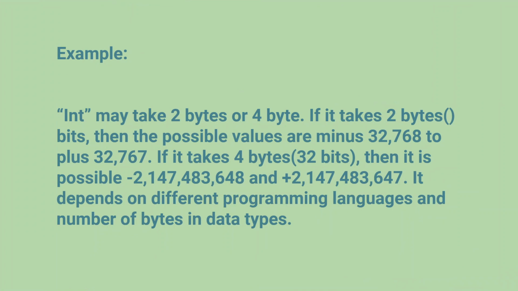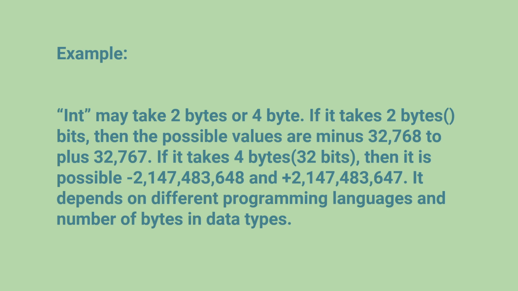Have a look. For int, if we take 2 bytes or 4 bytes, what happens is, for 2 bytes, the possible values are minus 32768 to plus 32767. It depends upon how many bits we take. For int values, we generally take 2 bytes, and for float or bool, we generally take 32 bits or so on.